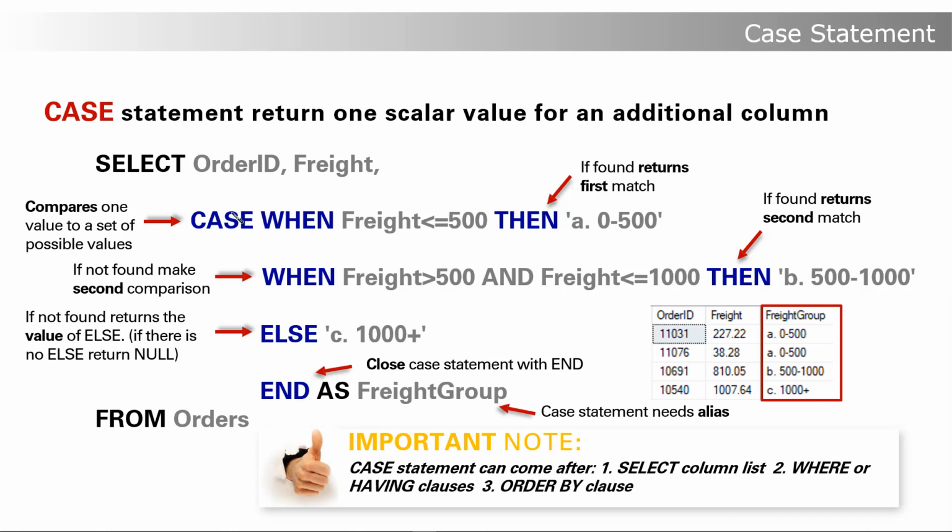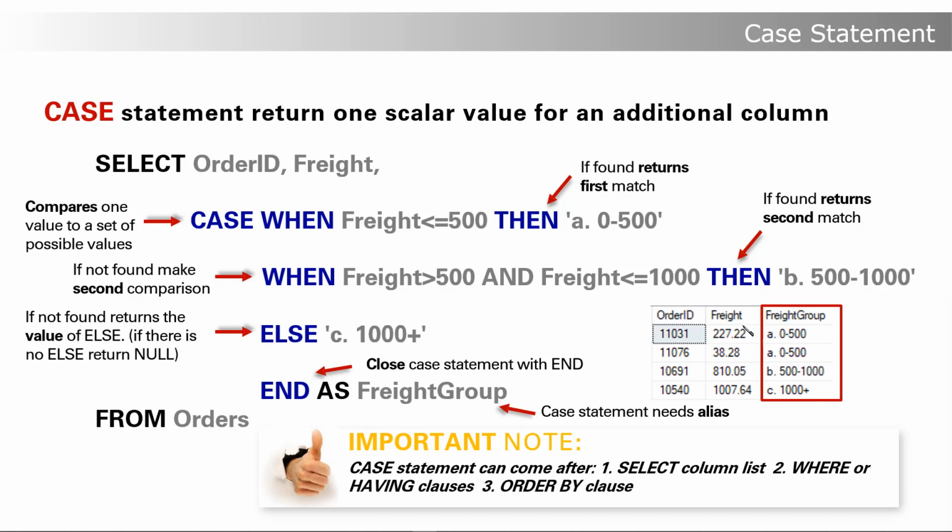So the case statement starts with case. It compares one value to a set of possible values. After the case, we have when, and we are writing here the group that we want. In this group, we want freight lower or equal to 500.